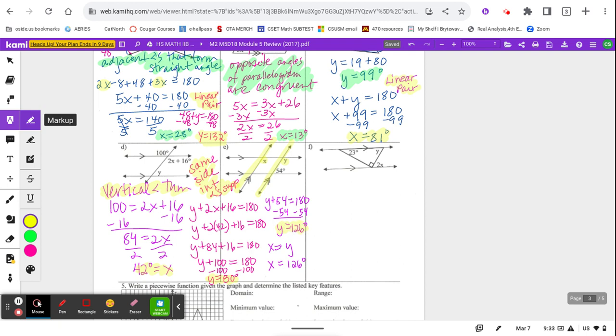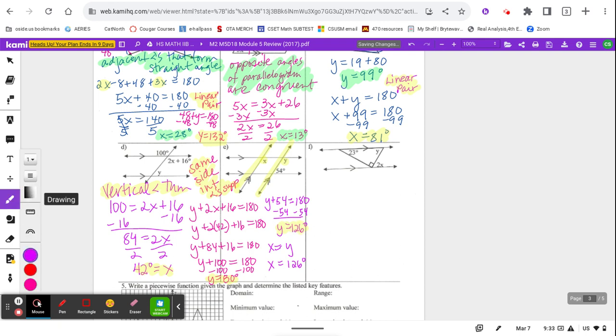So the first 126 came from same side interior angles are supplementary, and x equaling y is because corresponding angles are equal.